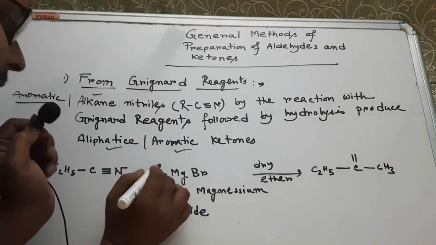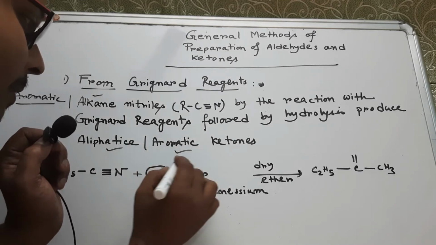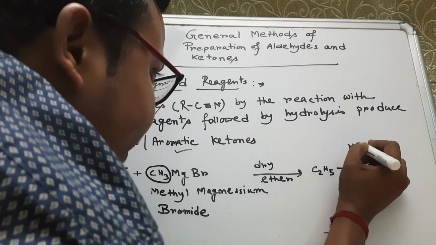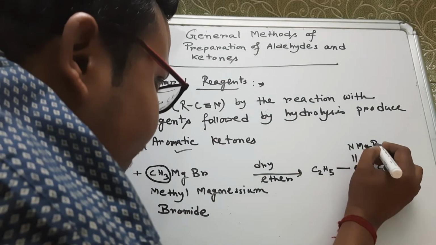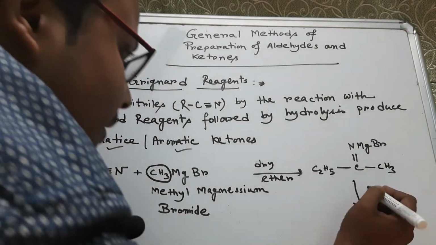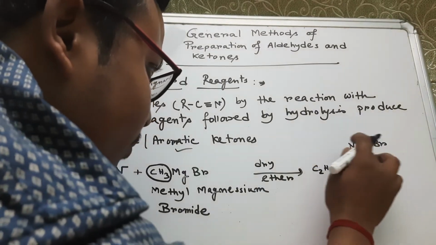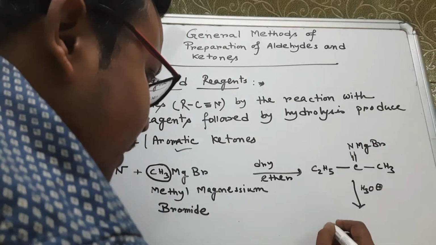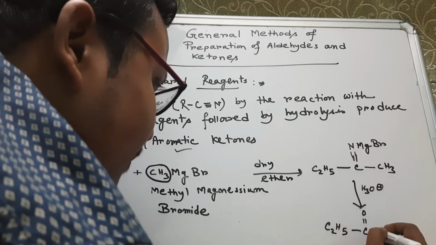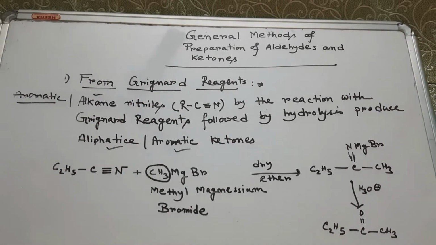That means the CH3 group, this alkyl group, will be transferred to this carbon. And if you hydrolyse with H3O plus, after hydrolysis this double bond moiety will be replaced like this: C2H5 CO CH3. Okay, this is the ketone.